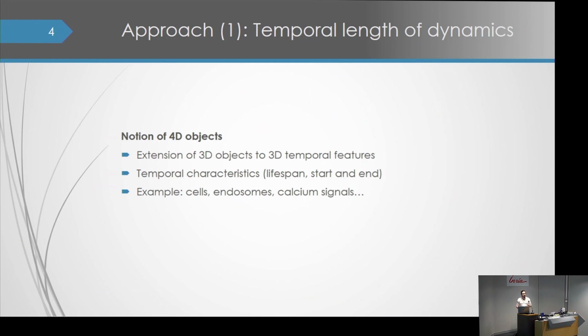To do so, we will introduce the notion of 4D objects, which is basically an extension of the natural notion of 3D objects, involving temporal characteristics: basically the duration, the time before the start and end of the objects in the datasets, which we call lifespan. So for example, in the previous examples, the cells, the endosomes, or the calcium signals could all be 4D objects. And as such, the first axis of our approach will be around the analysis of the duration of the lifespan of 4D objects.